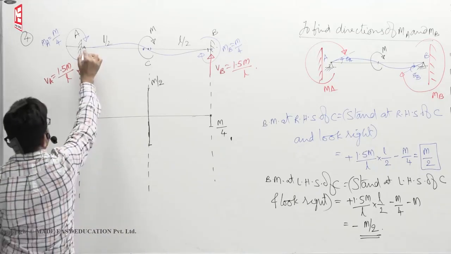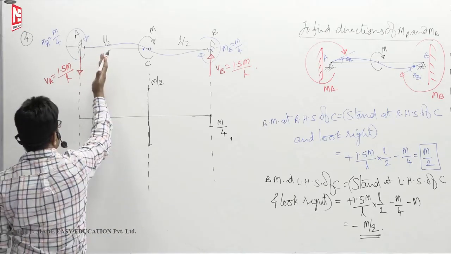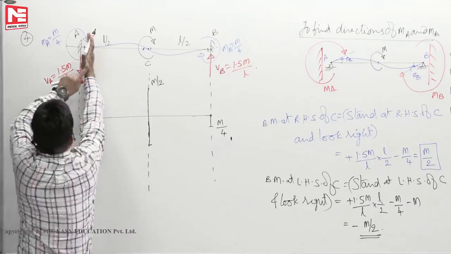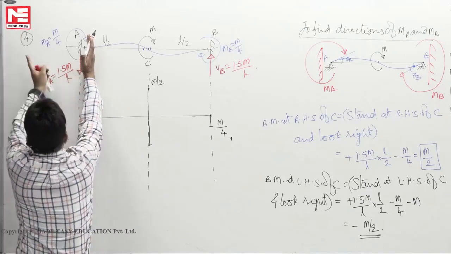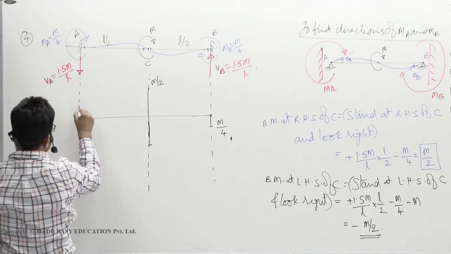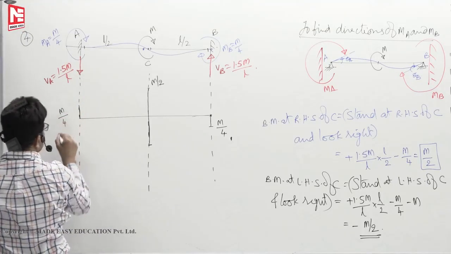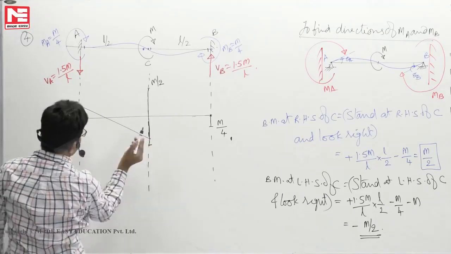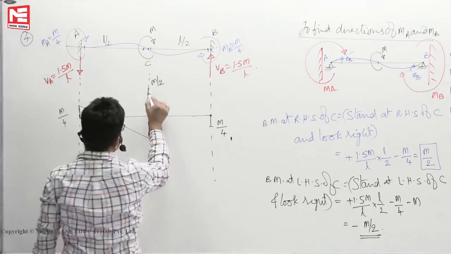Then here, bending moment at RHS of A. Stand here, look left. Section left side clockwise. It will sag. So this is positive. This is M by 4. So now your bending moment diagram will go something like this.